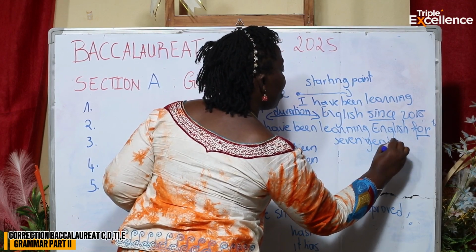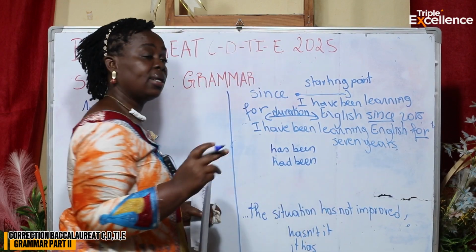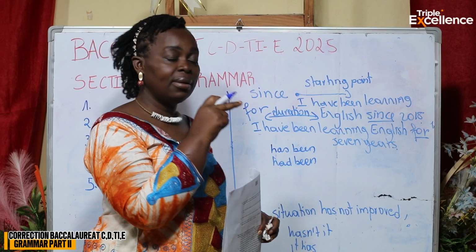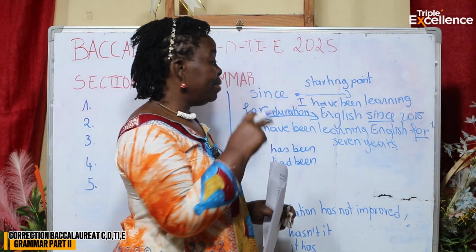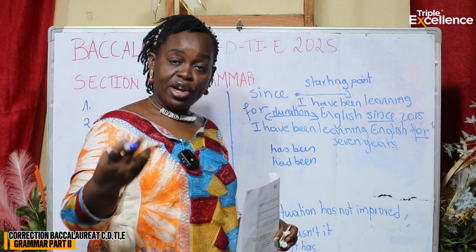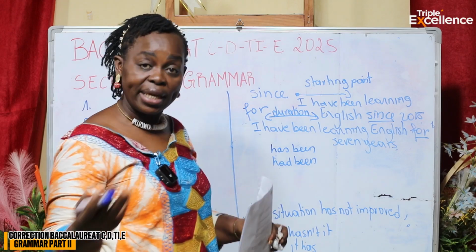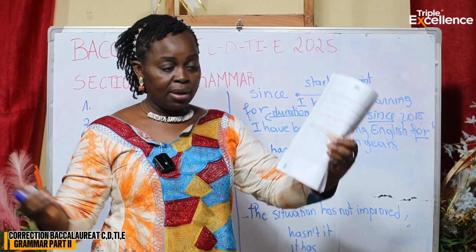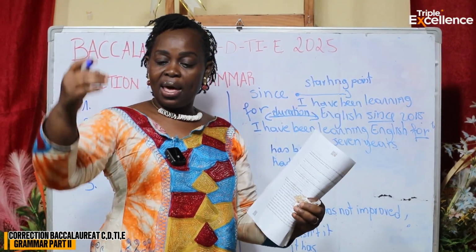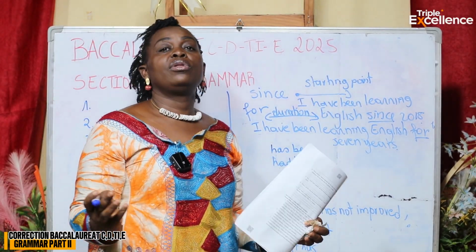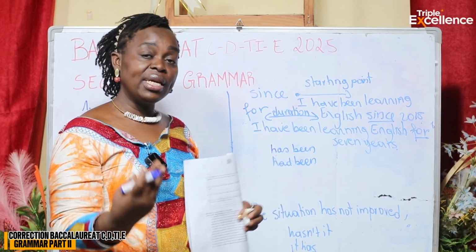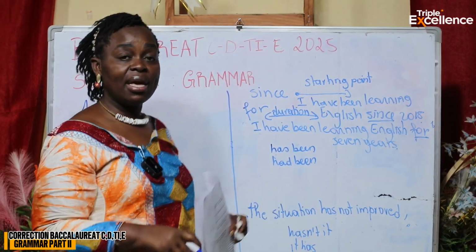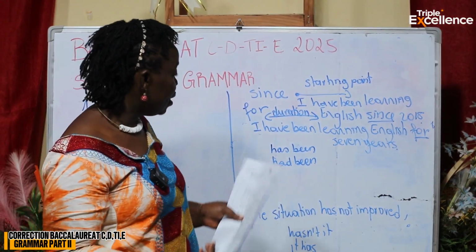So, if you have started learning English in 6e in 2018, it means that you have been learning English for 7 good years. So you realize that with for you have the whole duration, the beginning of the period and almost the end of the process. It means that you have been learning English in 6e, 5e, 4e, 3e, 2e, première, and even in terminal, you are still learning the language.